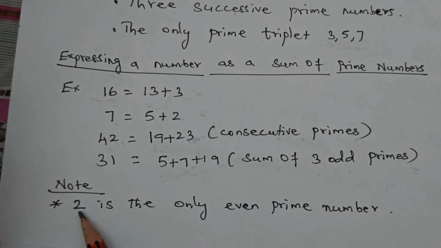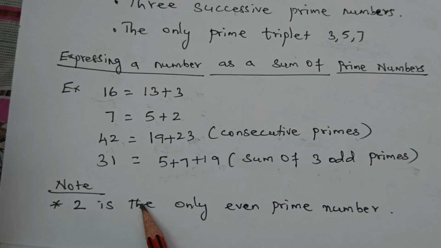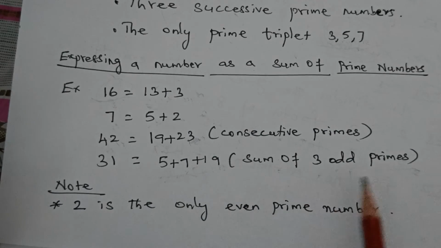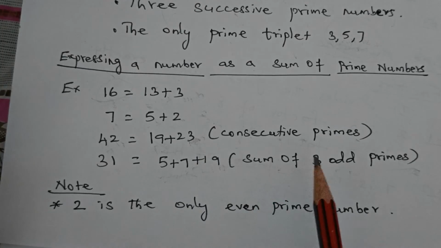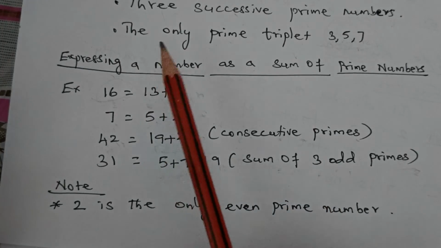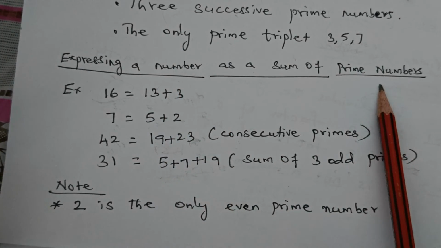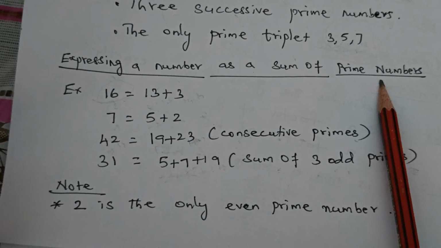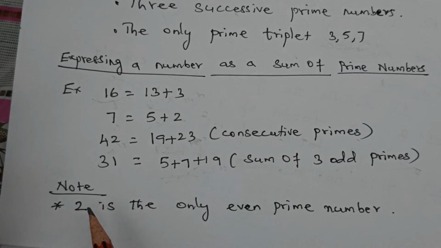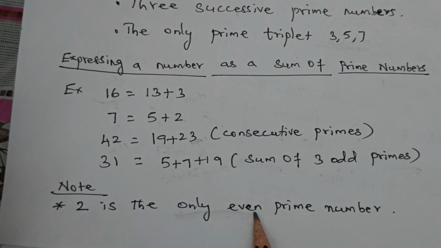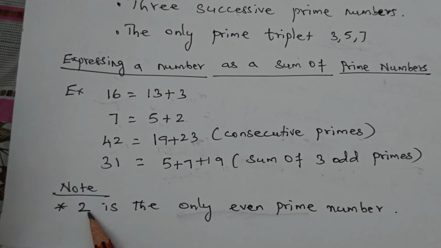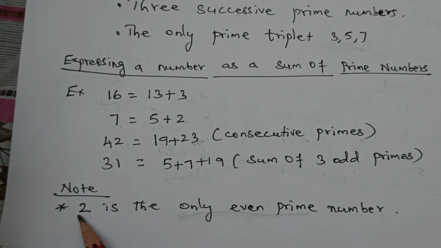It's a very important thing you should remember always. 2 is the only even prime number. All the other even numbers are composite numbers. And all the other prime numbers are odd numbers. There is only one even prime number, which is number 2. 2 is an even number, but it is a prime number.